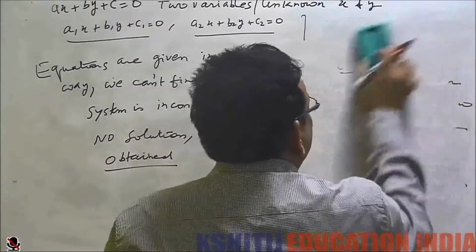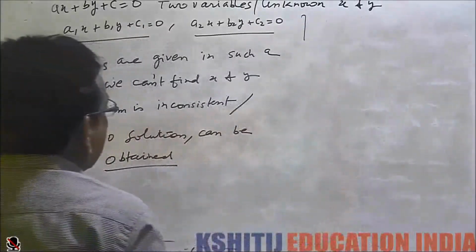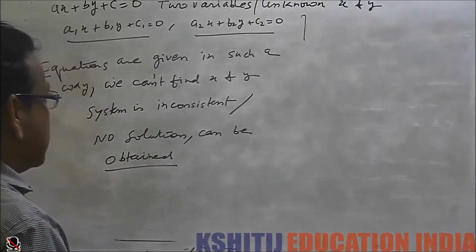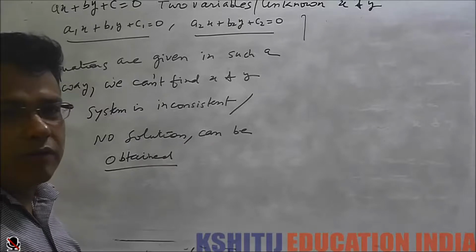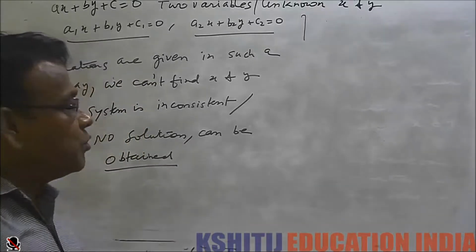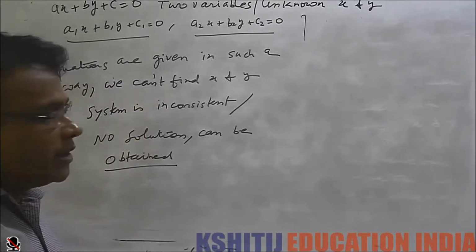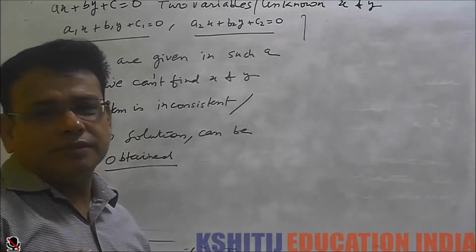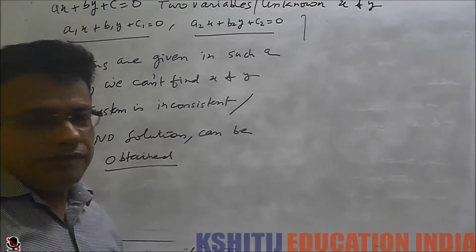Now, what do we mean by such equations? See, solution means there has to be some common point, a set of values x and y, which would satisfy both the equations. That means there has to be some common point between these two equations which would satisfy both. That's the solution.